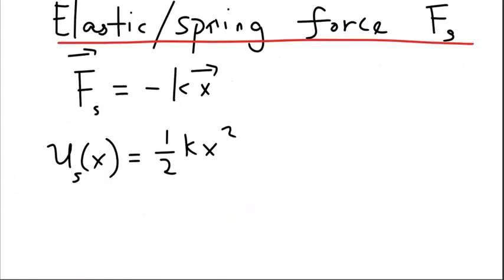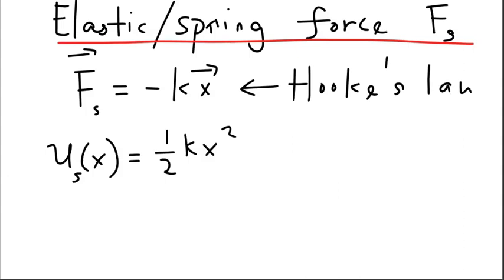The same thing happens with the elastic or the spring force. The spring force is given by Hooke's law that we have seen in one of our previous videos. And the spring potential energy is given by that.